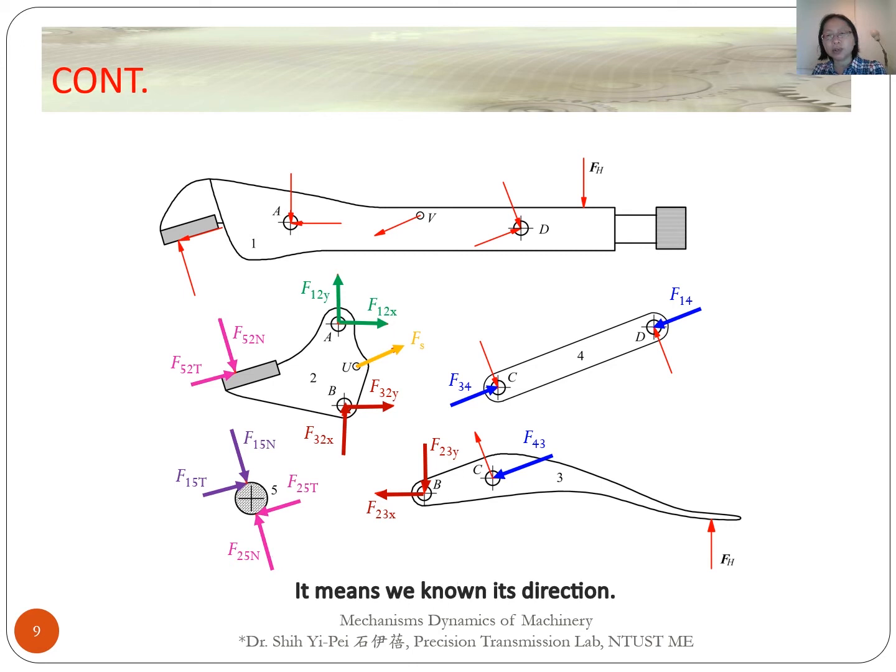It means we know its direction. For the force F12 acting on the joint A, we do not know its magnitude and direction either. So we draw two components X and Y of F12 here.